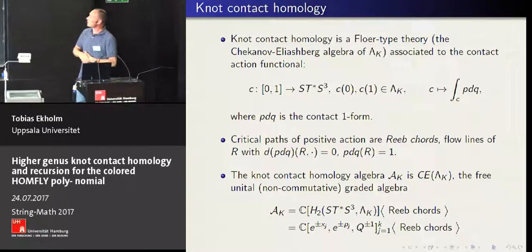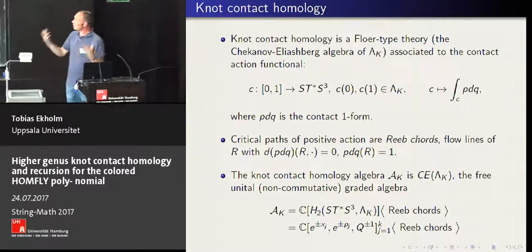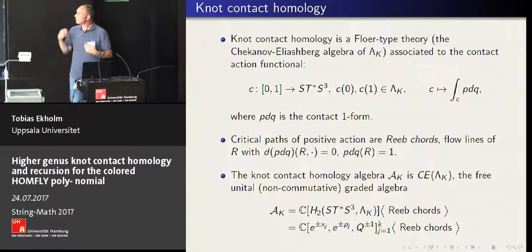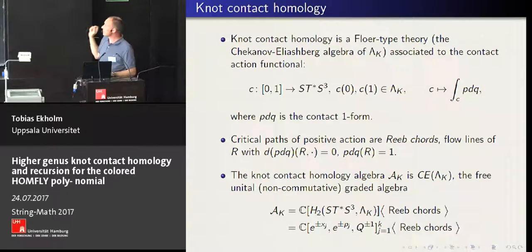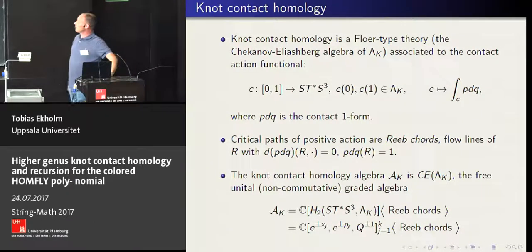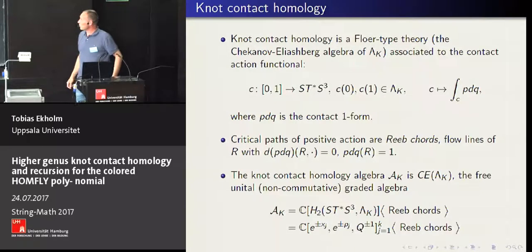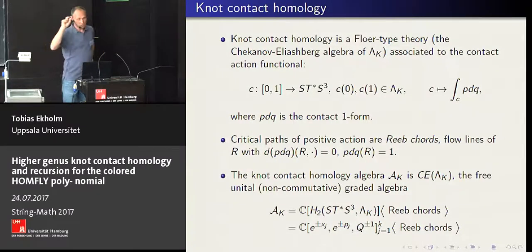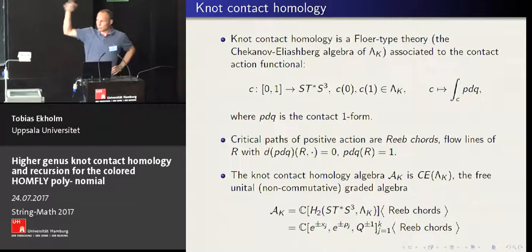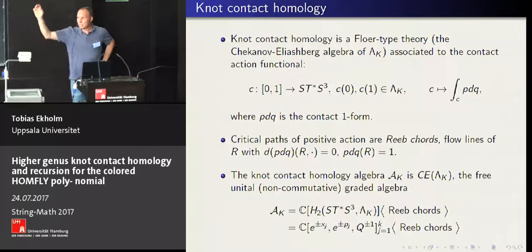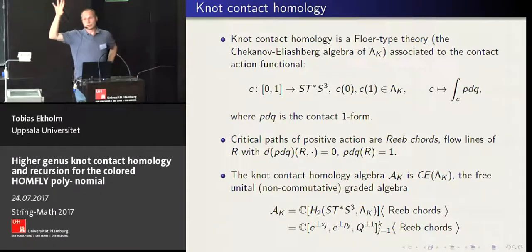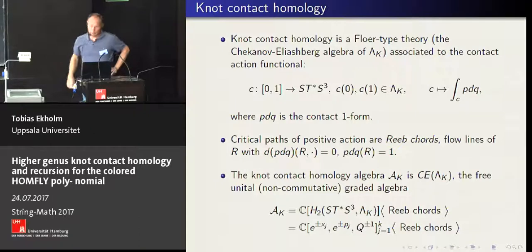And the differential will count holomorphic disks, and for that matter, we will have coefficients in the second relative homology of the Legendrian inside the contact manifold. So in this case, this second relative homology is just 2 variables for each torus component, which are their H1s. And then there is this Q variable, which corresponds to the closed S2.